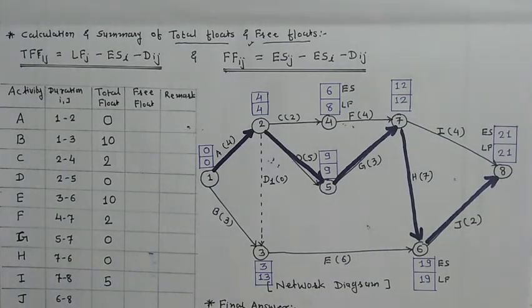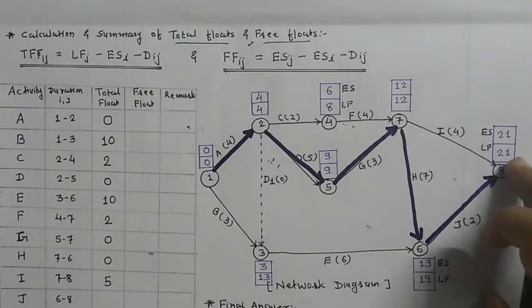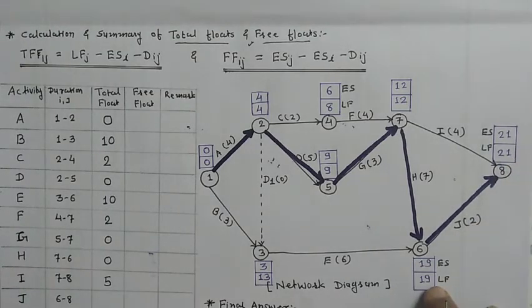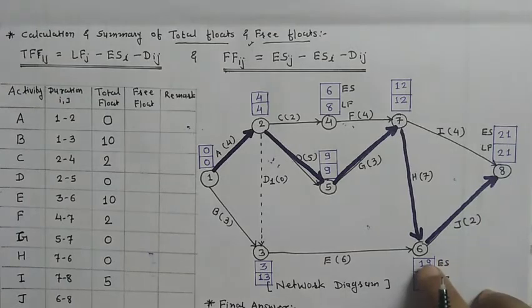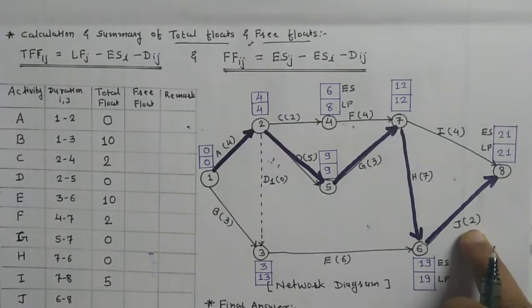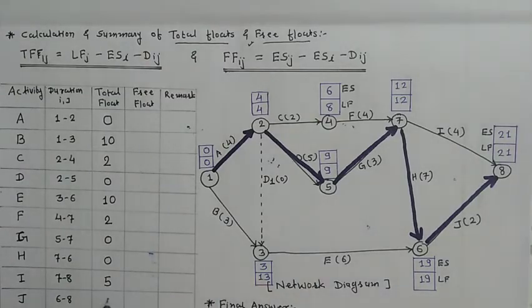And for the last activity, that is 6 to 8, 21 minus 19, 2, minus duration 2 is equal to 0. So this is total float.